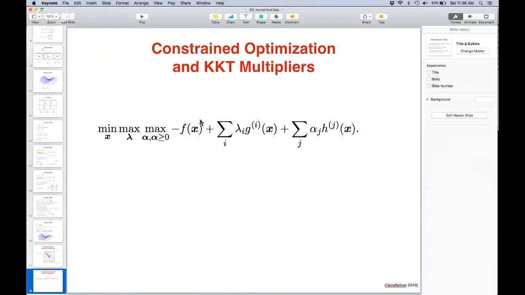But your x could be subject to a particular set of constraints. Like you might want the vector x to have a unit norm, or a certain feature in x to be in a certain range.